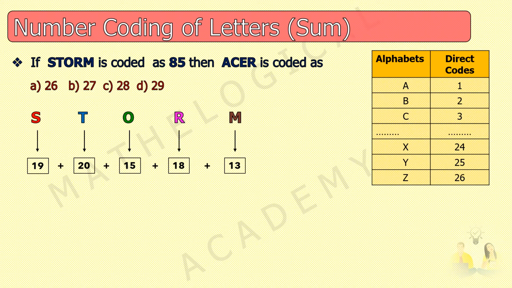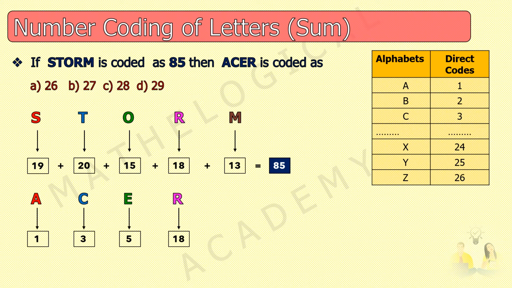We'll just add them and try. We get 85, yes. So in Acer also we'll just take the serial numbers of the letters. Serial number for A is 1, C is 3, E is 5, R is 18. We take the sum, which comes to 27. So the answer should be B, 27.